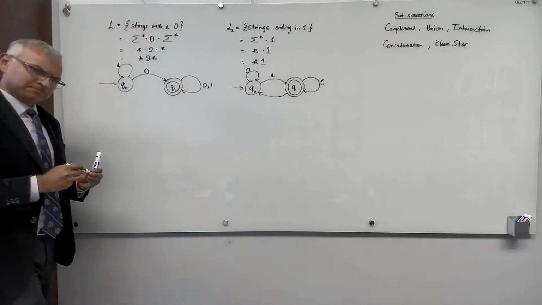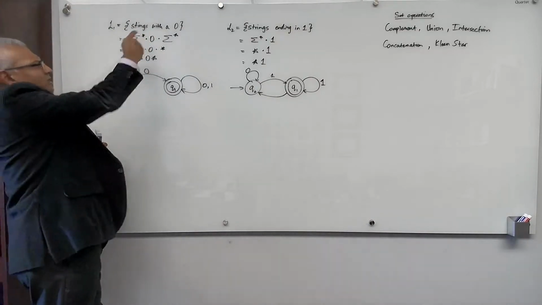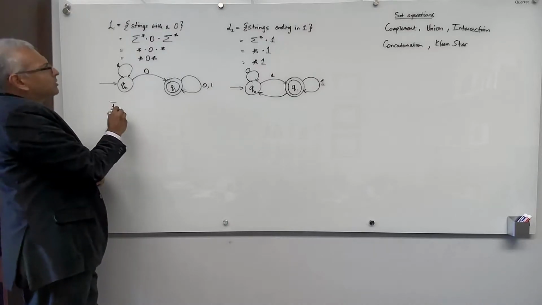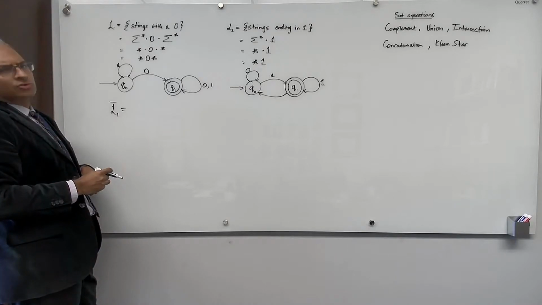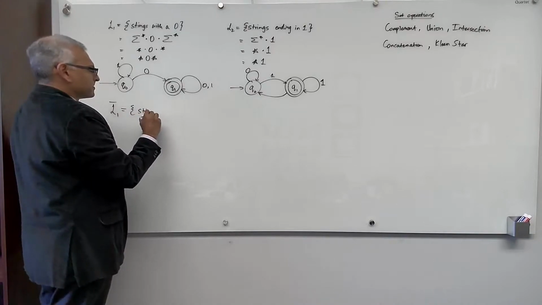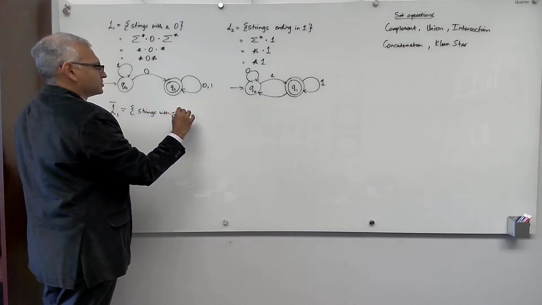Here's a language, and here's a machine that solves that language. So what about the complement? L1 complement describes those strings that do not have a zero, strings with no zero.